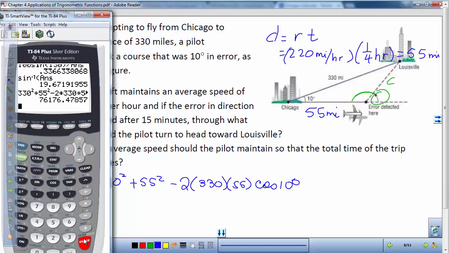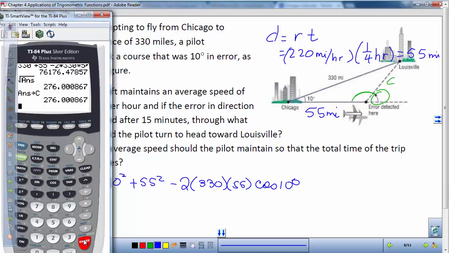Okay, so once he gets things corrected, the distance that he's going to need to travel is 276 miles. I'm going to store that as C. Now that I know that, I've got a side, the opposite angle, and an unknown angle and the opposite side.